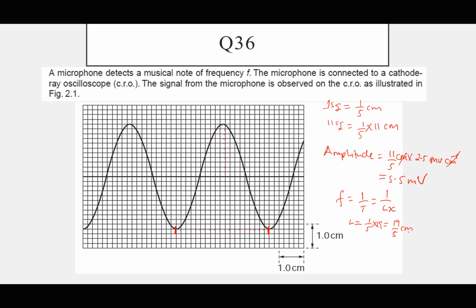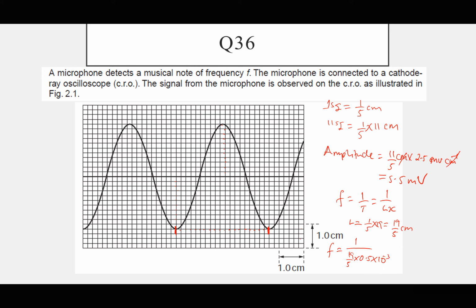And the time-based setting is 0.5 milliseconds, so X is 0.5. Now I'm substituting. Frequency is going to be 1 over 19 over 5 centimeters times 0.5 milliseconds, which is times 10 to the power of minus 3.